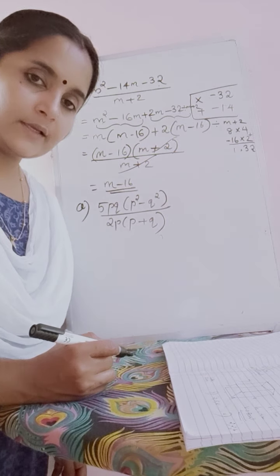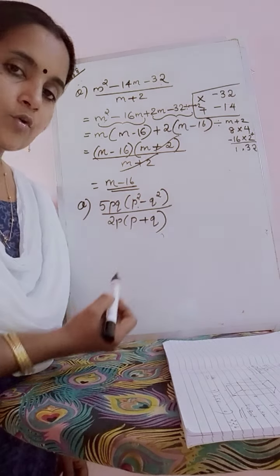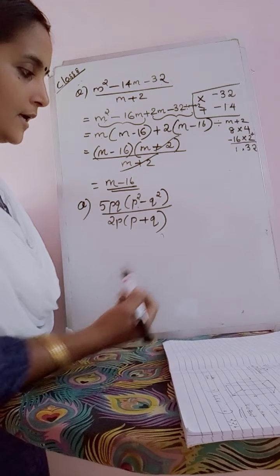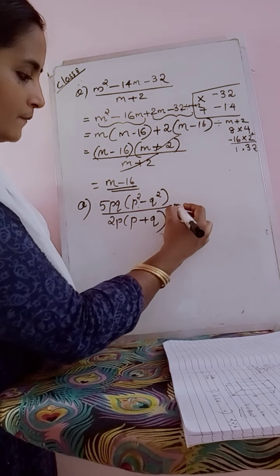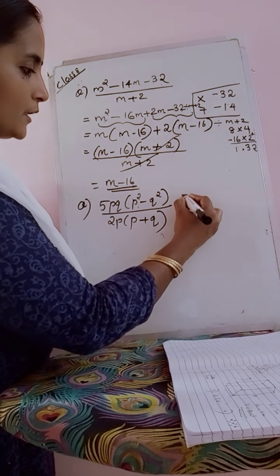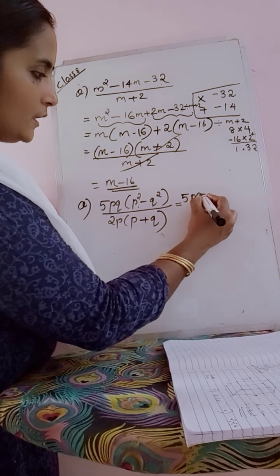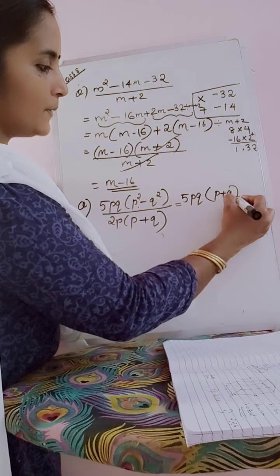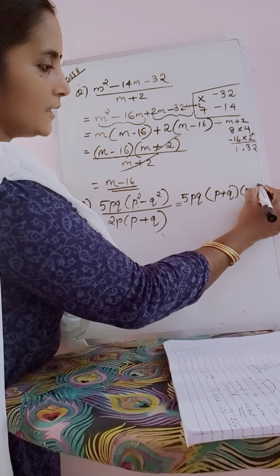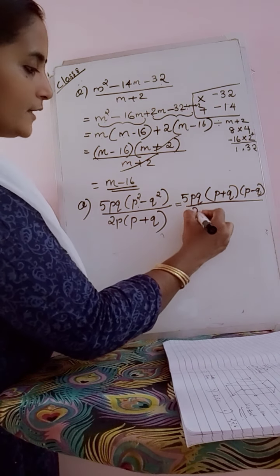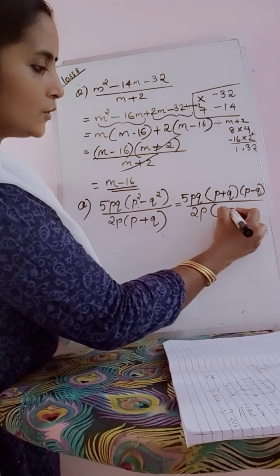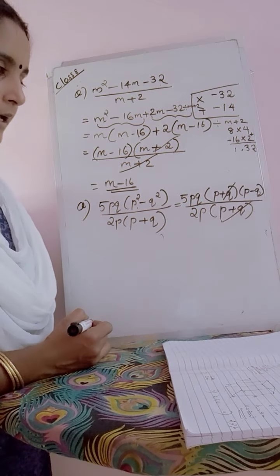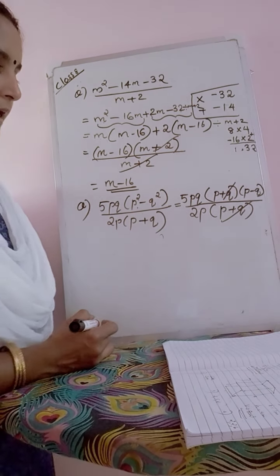A square minus b square is equal to a plus b into a minus b. We can apply that identity and here we get 5pq into p square minus q square, that is p plus q into p minus q, whole divided by 2p into p plus q. Thus p plus q is a common factor, so we can cancel it.